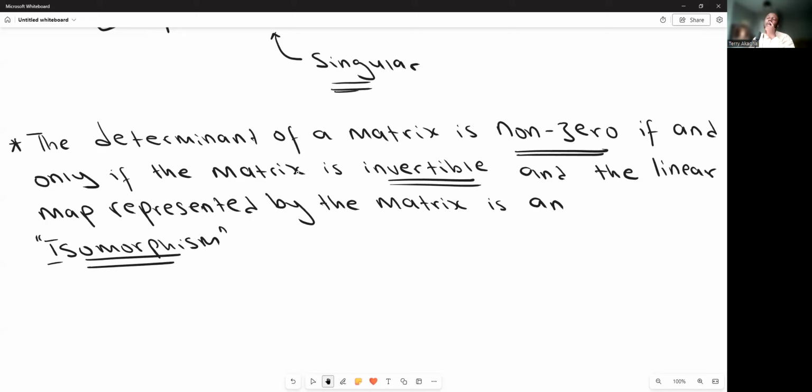Okay, so these are some words that you need to get used to. But for this video, I'm not going to talk about it, I just want to mention it here. When we get to the inverse of a matrix, I'm going to talk about it in detail.